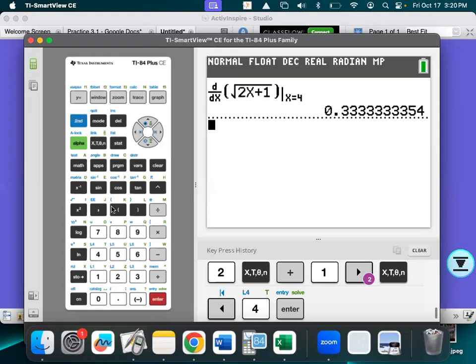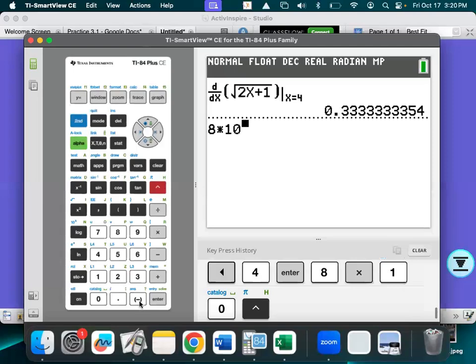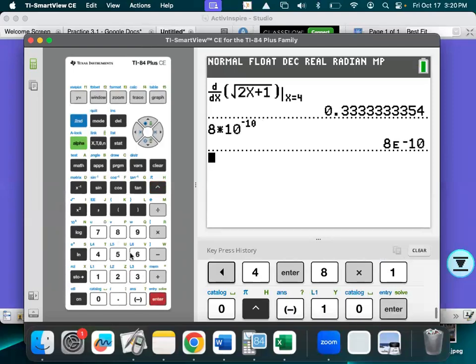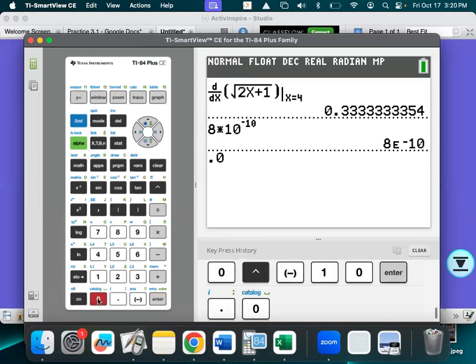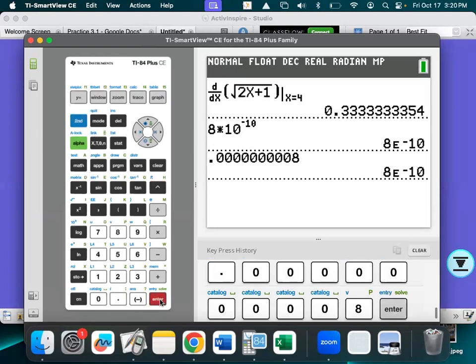So 8 times 10 to the negative 10, if that's what it decided to tell you, that would be move the decimal place on the 8 over 10 times. So it would be 0.00000000008. That's basically 0. So just be aware when you see answers like this.